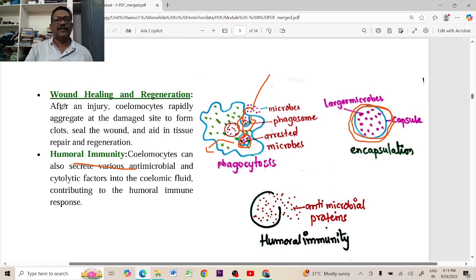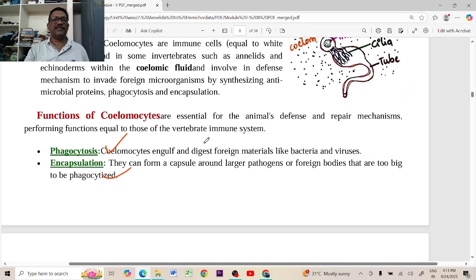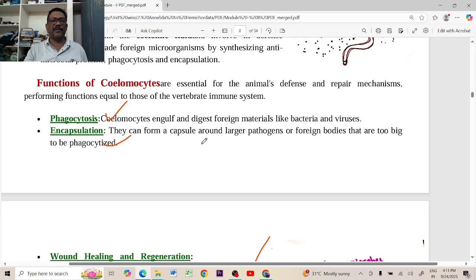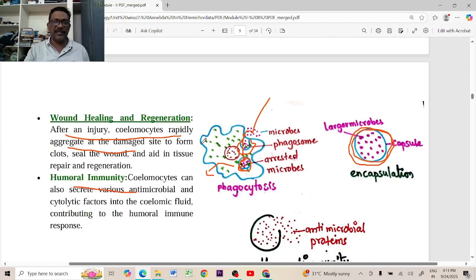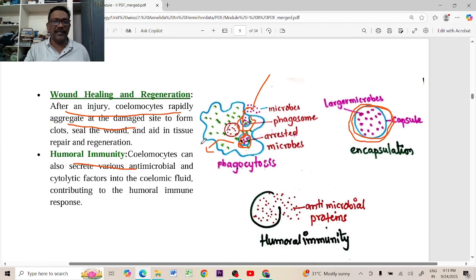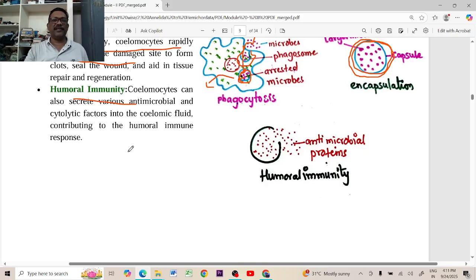After an injury, coelomocytes rapidly accumulate at the damaged site and form clots, just like how our platelets do the same wound healing. So the coelomocytes are mainly meant for protection, acting like WBCs by the phagocytosis or encapsulation process, and the wound healing capacity, and also providing the immune response, humoral immunity, to the organism.